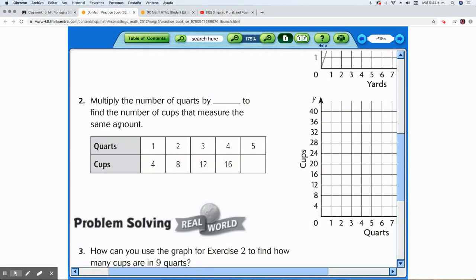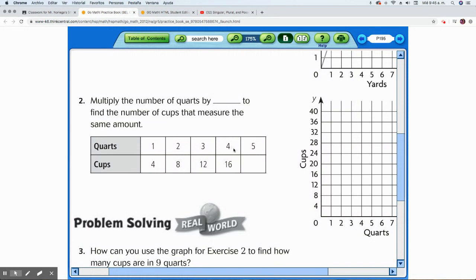So what number are we using to multiply the number of quarts to find the number of cups? What number times 1 equals 4? What number times 2 equals 8? What number times 3 equals 12? And so on. When you find that number, write it right here for number 2 and apply that rule to 5 to find what number goes here.